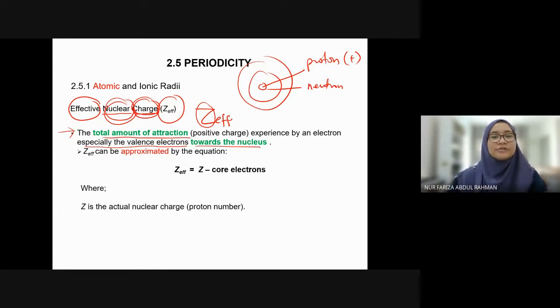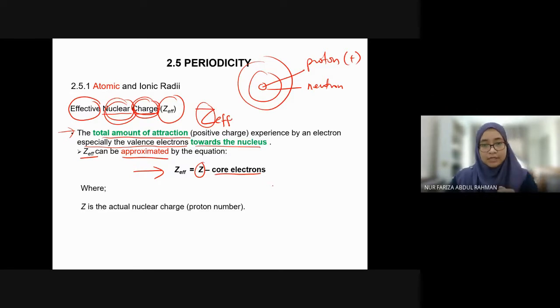Okay, so Z effective can be approximated. This is not actual. It can be approximated by using this equation. So Z effective is equal to Z, the proton number or the atomic number, minus the core electron. So why do we need to minus the core electron?